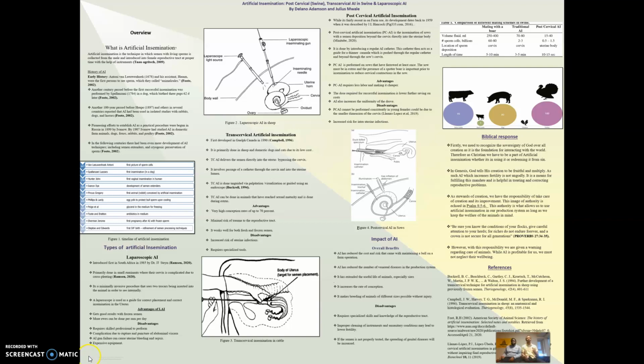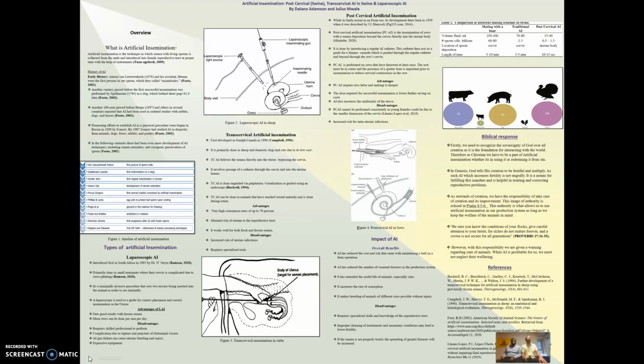After the trocars have been inserted, the laparoscope goes in next. The laparoscope allows the technician to see the inside of the animal and maneuver until they get to the uterus, where they will insert through the uterine walls and the sperm is deposited right there.